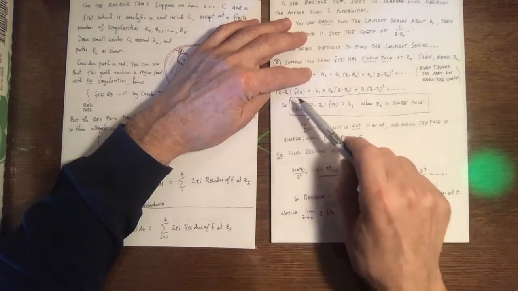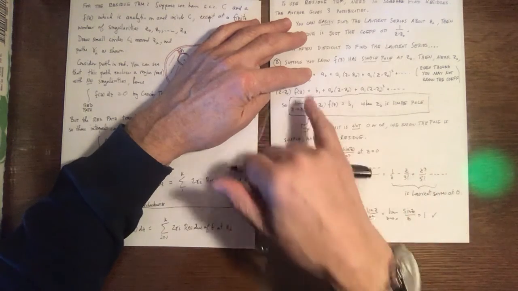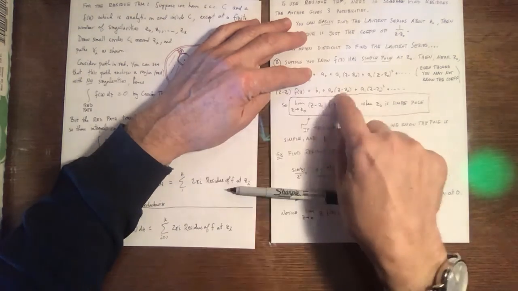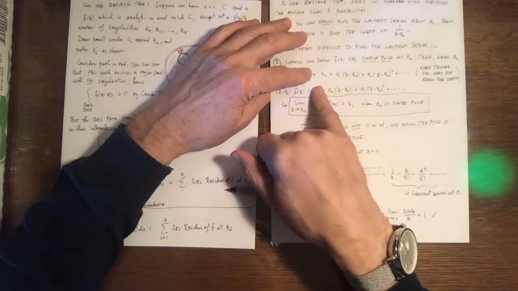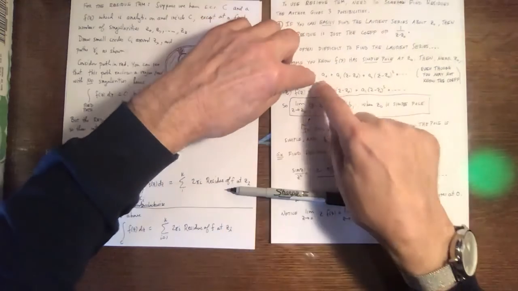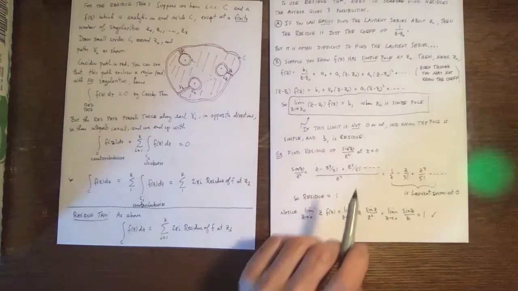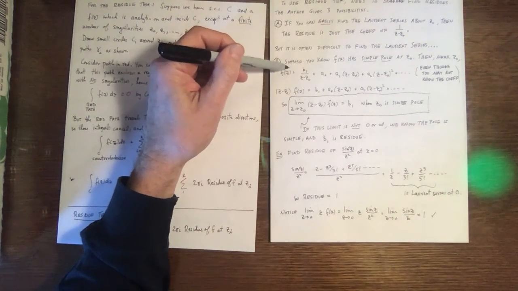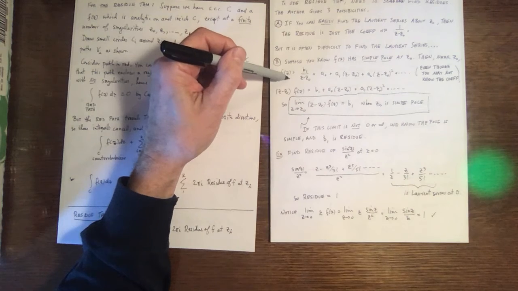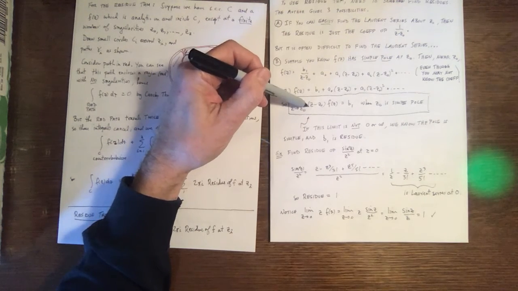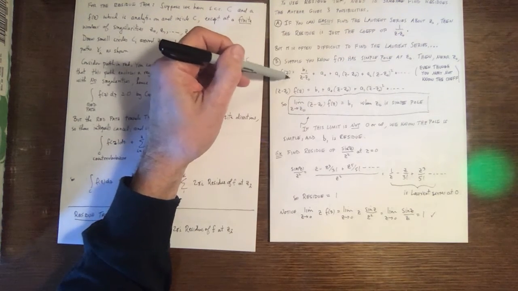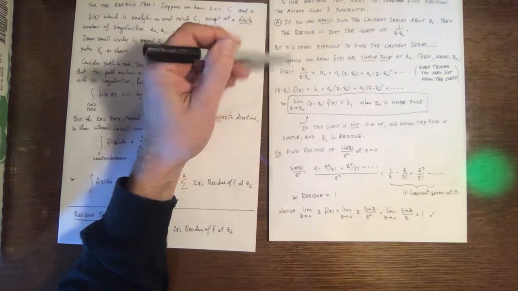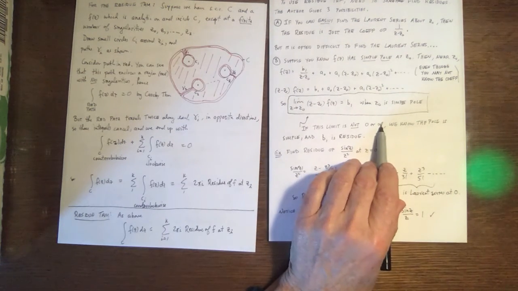Because then what you would get, everything would have a power of z minus z naught. You would just get 0. But if this isn't there, then the function is actually analytic. And if the pole is higher degree, then there might be something with a (z minus z naught) squared. Then when you multiply by z minus z naught, you're not going to kill off that power. There'll still be a negative power, and the limit will be infinity.